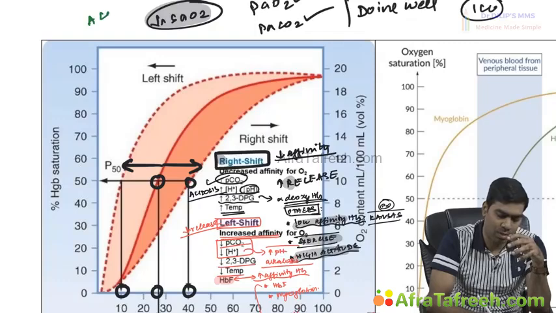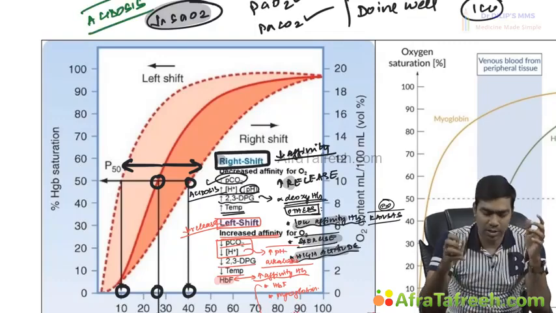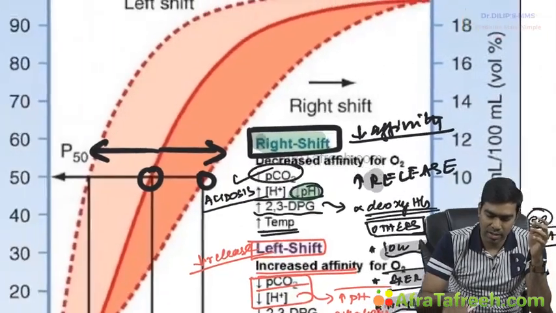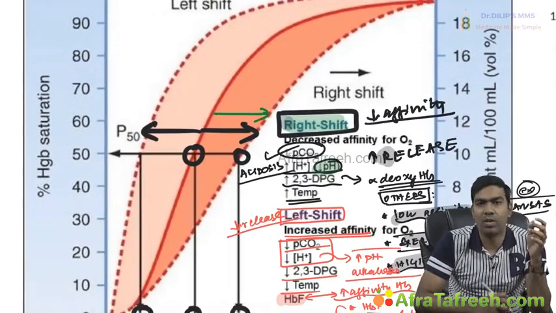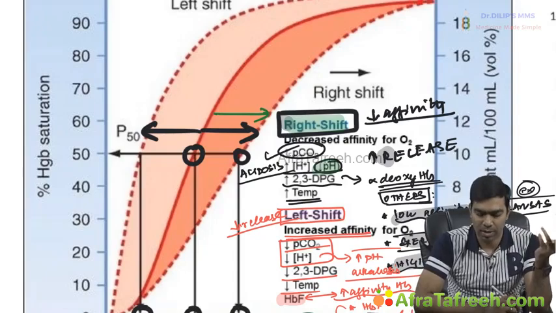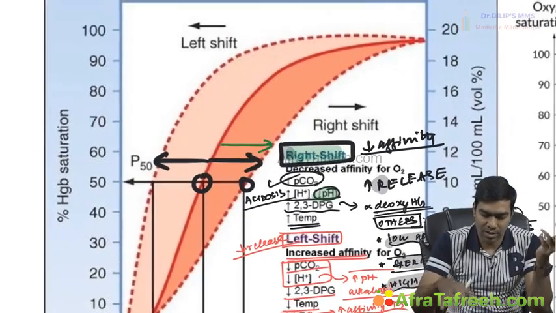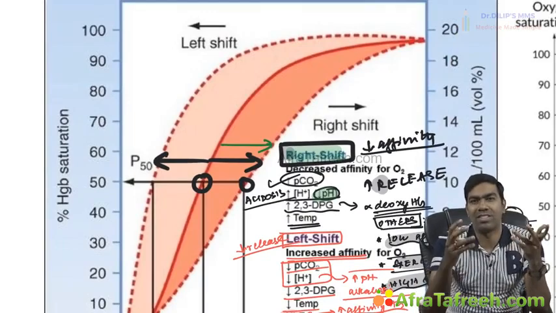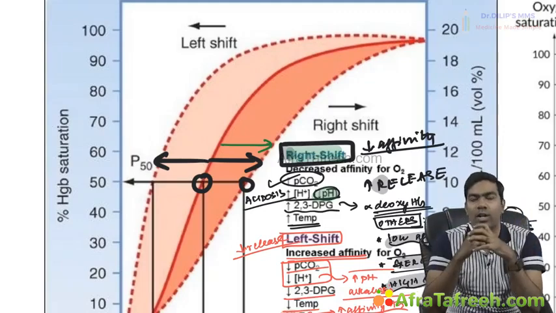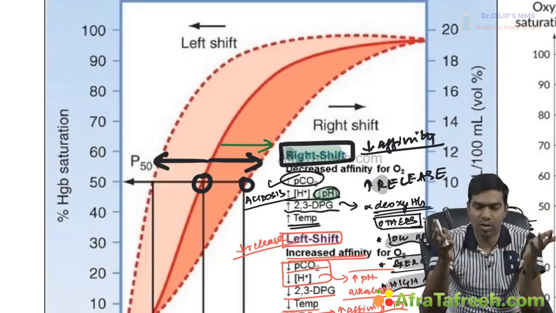I'm going to suspect acidosis. As simple as that. Because in acidosis, there is going to be a shift towards the right. The moment it shifts towards the right, even though the PaO2 may be okay, still the saturation is going to be persistently low, because in acidosis the hemoglobin is not going to hold the oxygen at all, and it's definitely going to cause low saturation.